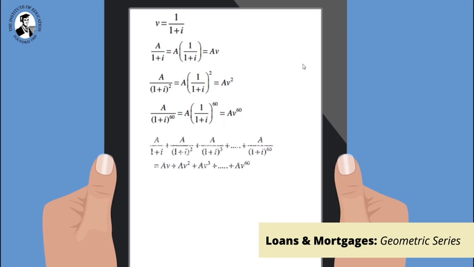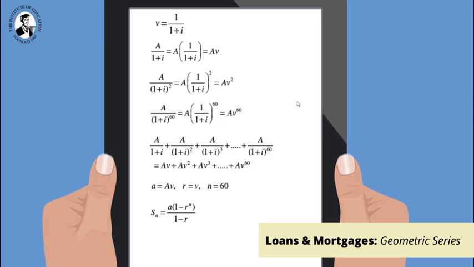Now we can rewrite the expression for the present value of all of Susan's repayments in terms of A and v. This is a geometric series with first term, small a, equal to A v, and a common ratio r equal to v, and with 60 terms, in other words, n is equal to 60. The formula for the sum of n terms of a geometric series is given on page 22 of the formulae and tables.